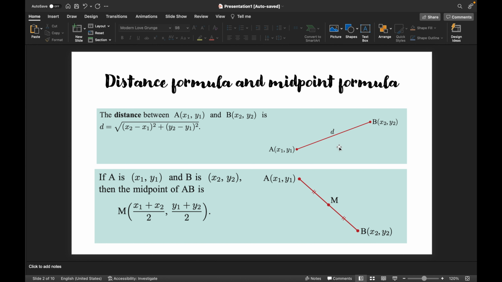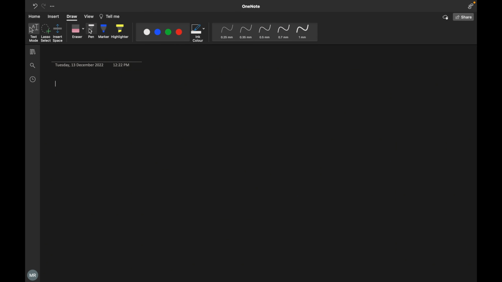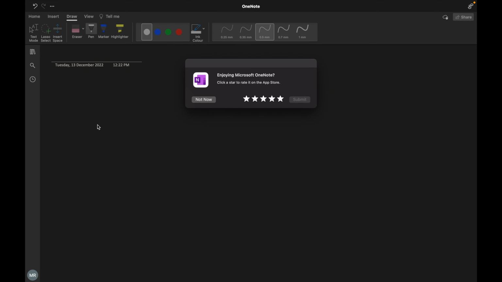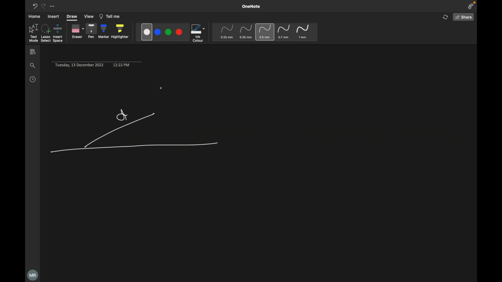If you think about this, it actually makes sense. Let's actually derive this. So let's say this is d, and let's draw the x and y axis. So what would this be? This would be the x, right?